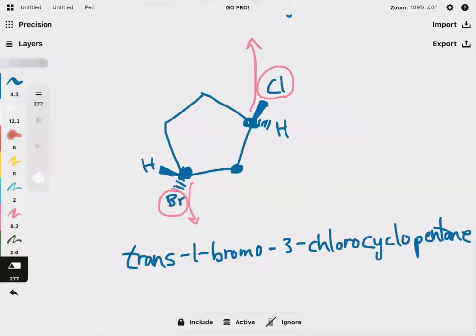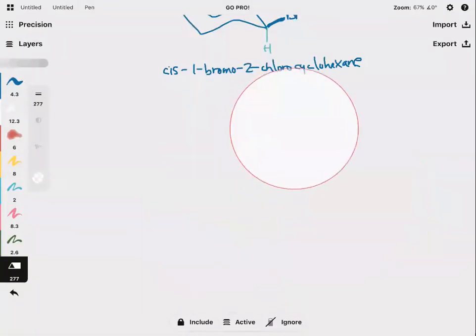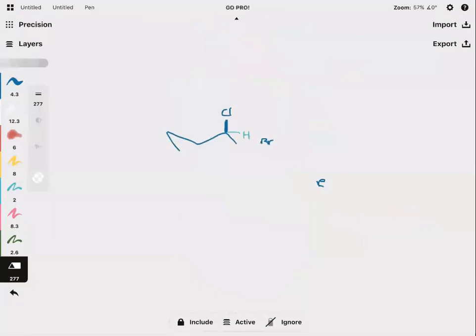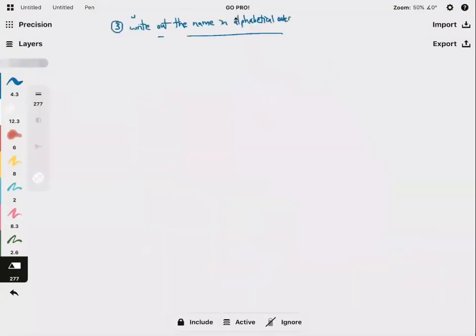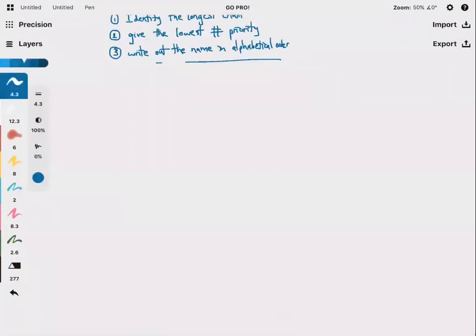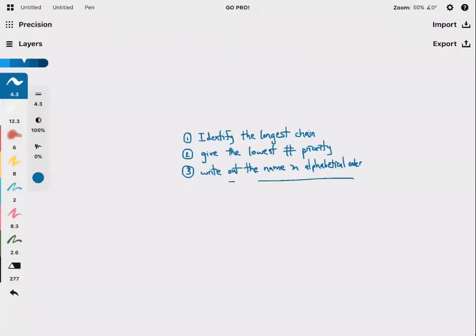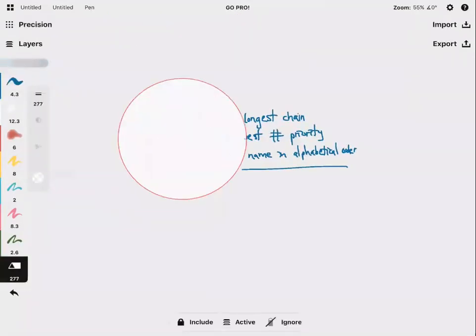Okay, so let's go ahead and erase all this. Okay, and the last thing, let's take a little break from all this naming.